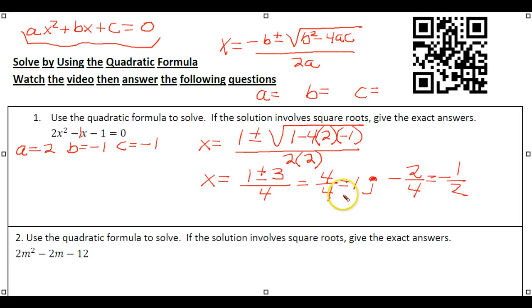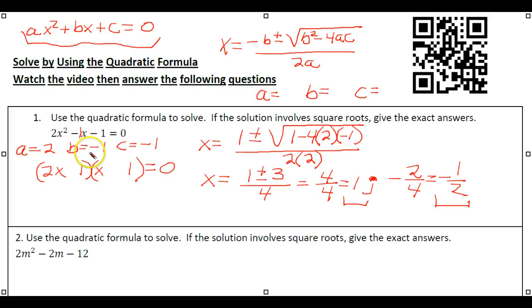Now, an interesting thing, whenever we use the quadratic formula and we end up with solutions like this, this indicates that our original equation could have been factored. Let's just check that out here. So this is 2x, this is an x, this is a 1 and a 1.